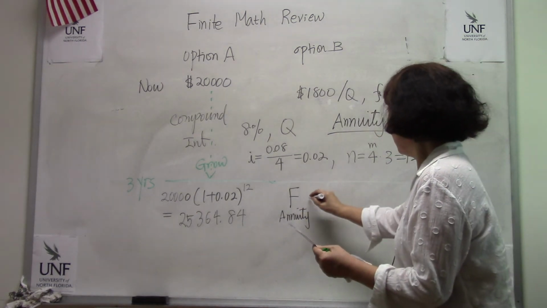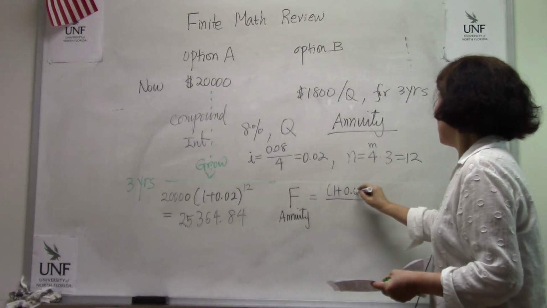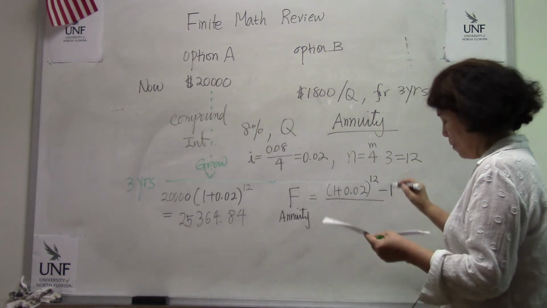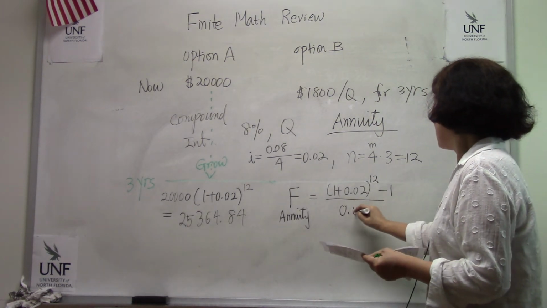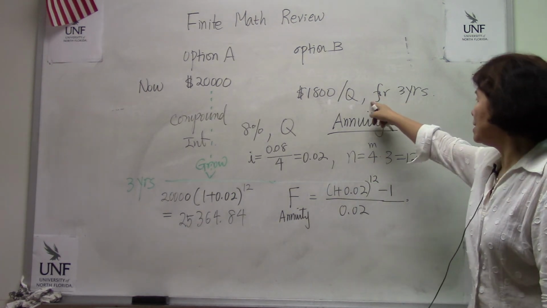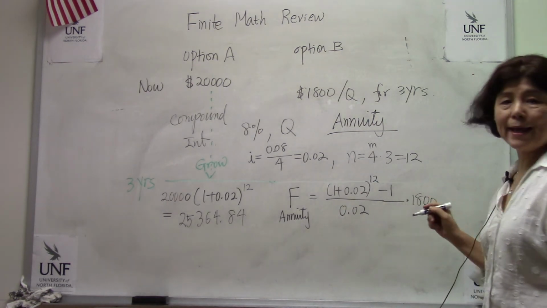And that formula is going to be 1 plus i, 0.02 to the what power? 12th power, subtract 1, divide by 0.02, and then multiply by rent. Yes, you receive $1,800 each time, so multiply by 1,800.